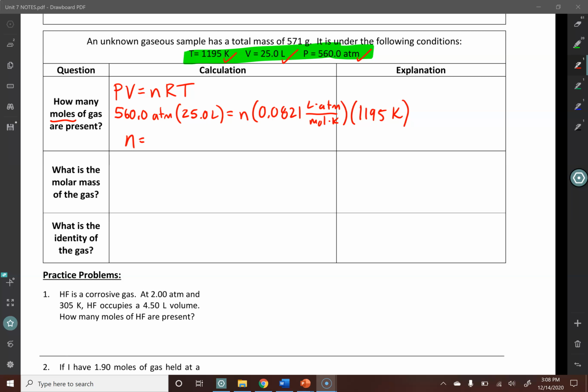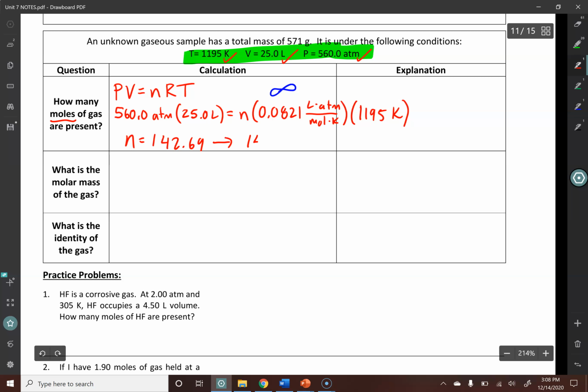All right, so when I grind through the math, I come up with 142.69. Careful with sig figs. We'll assume the numbers that I've highlighted in green are measured values. I see 4 sig figs for the temperature, 3 for the volume, 4 for the pressure. We're going to assume my constant is correct to an infinite number of sig figs. So I'm limited to just 3 sig figs.